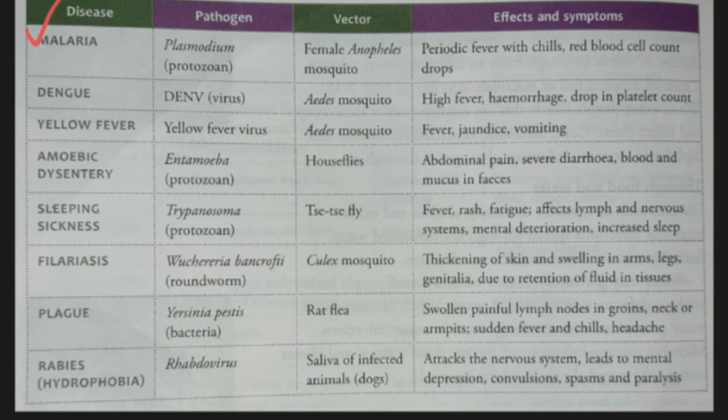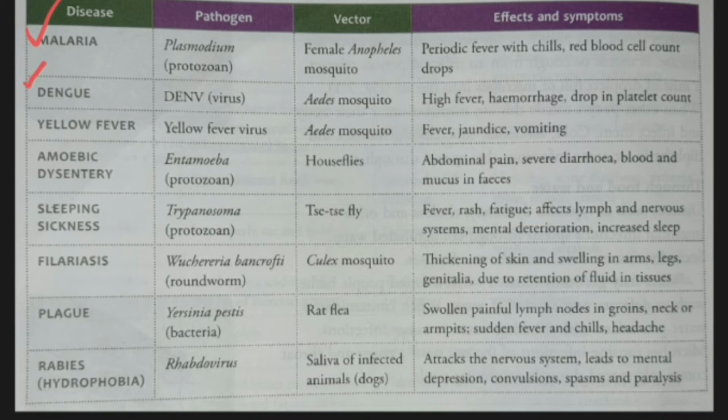The vector is the female Anopheles mosquito, and the effects and symptoms are periodic fever and chills, and red blood cell count drops, etc. The second is dengue. The pathogen is the DENV virus. The Aedes mosquito is the vector, and the symptoms are high fever, hemorrhage, drop in platelet count, etc.